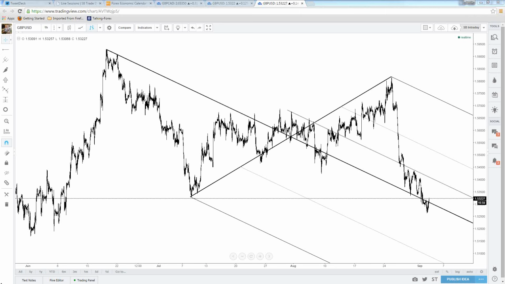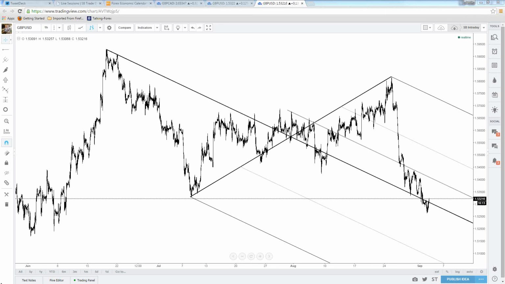Hold on one second. I haven't forgotten about Kelly asking about pound yen. I just want to make this chart. So one second. Almost got it.